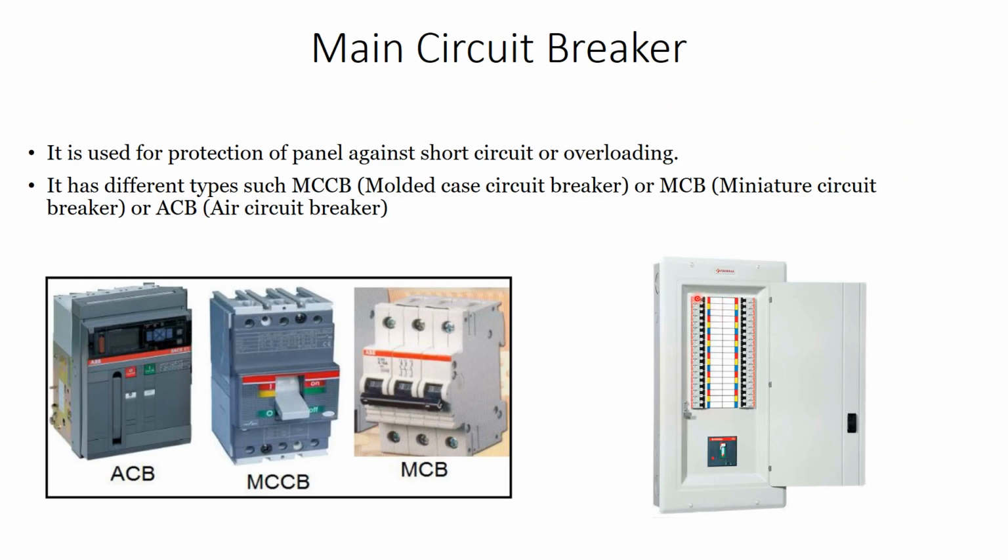You can close one phase only. This circuit breaker is connected to the red phase, so it is a monopolar, connected to only one pole or one phase. So we can switch this phase on and off by controlling this switch. So this one is called a monopolar.